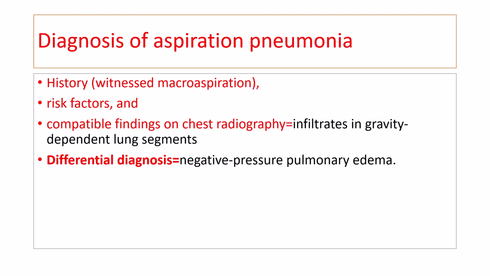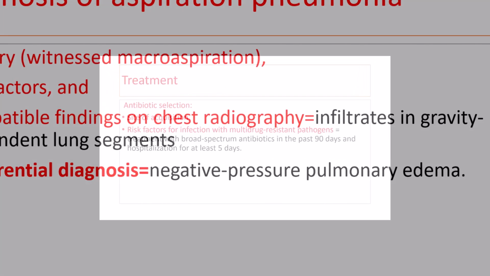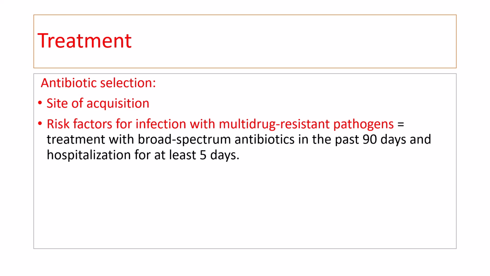Treatment. Antibiotic selection depends on the site of acquisition, the community, a hospital, or a long-term care facility, and risk factors for infection with multi-drug-resistant pathogens. Risk factors include treatment with broad-spectrum antibiotics in the past 90 days and hospitalization for at least 5 days.